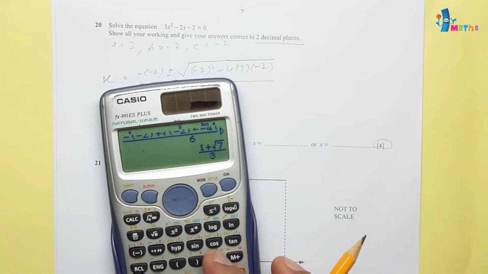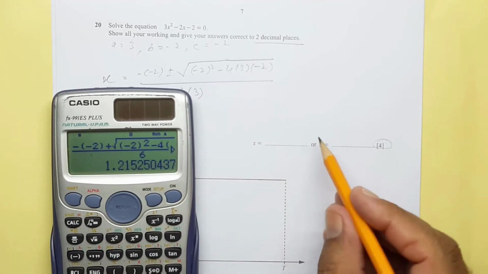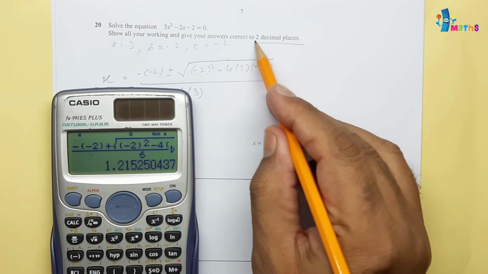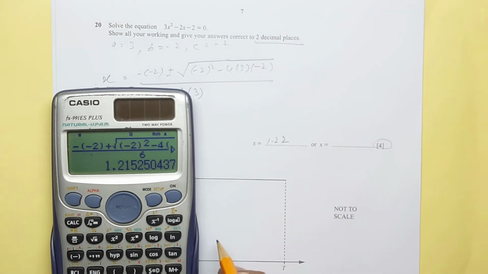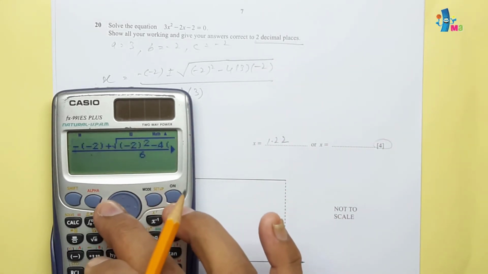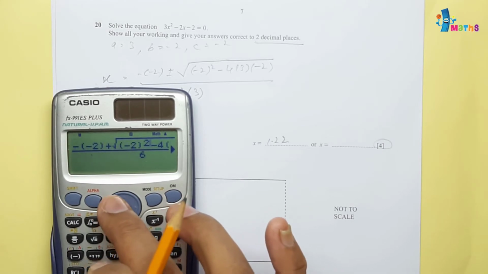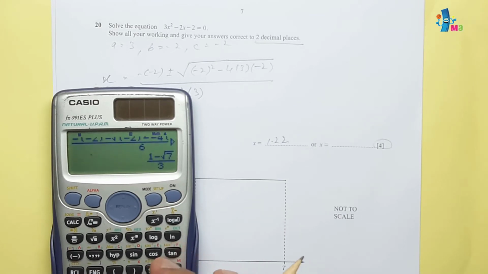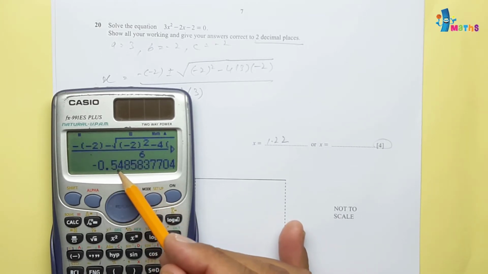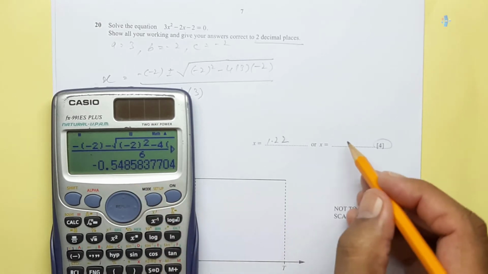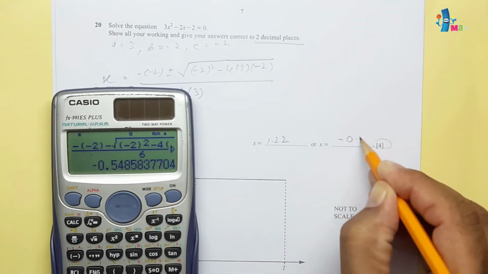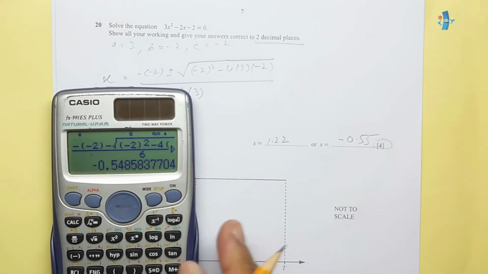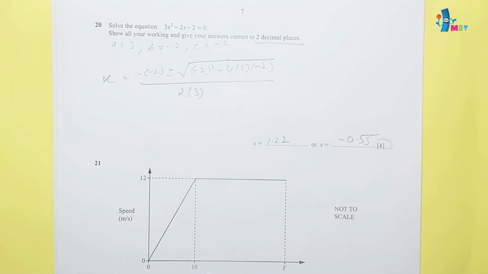This will be the same value, 1.22 to 2 decimal places. If we change this minus, this will give us the answer minus 0.55. It is 0.548, so we can write 0.55 because we have to give 2 decimal places.